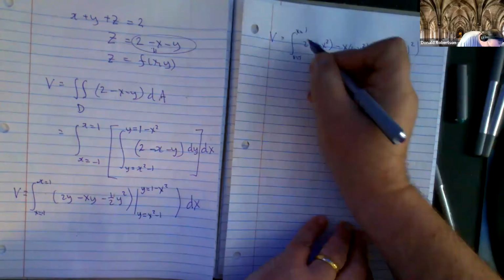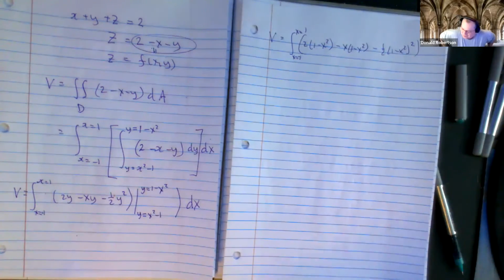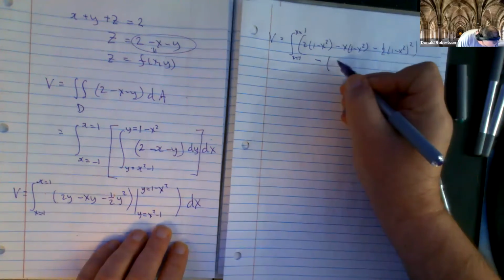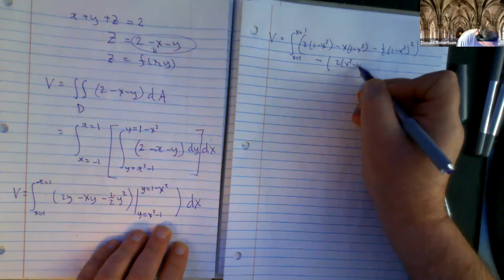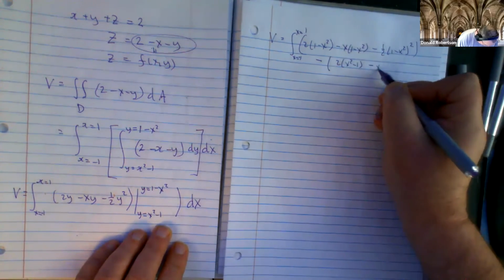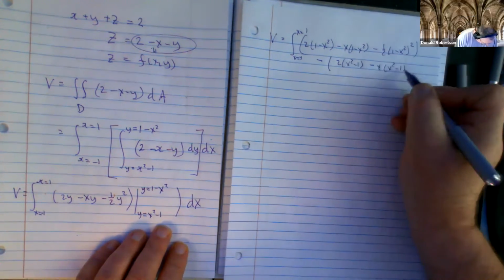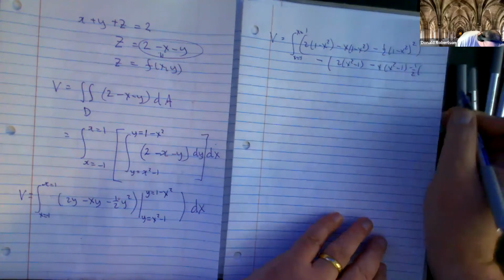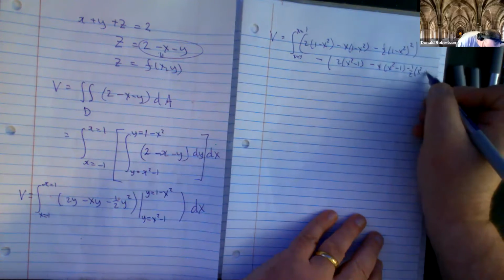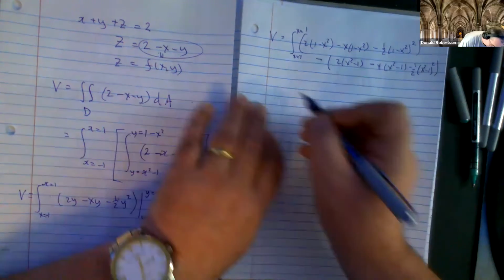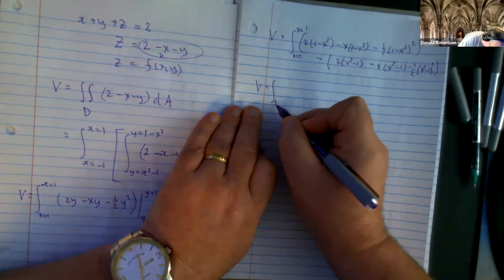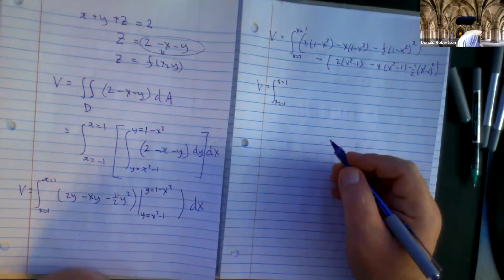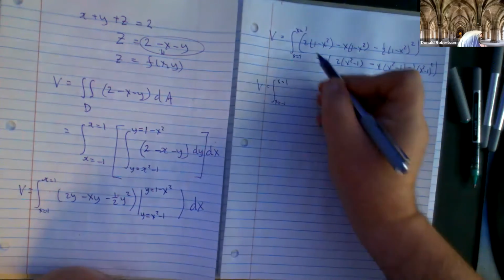I am already regretting doing this question. Take away, in brackets, 2 lots of x squared minus 1, take away x times x squared minus 1, minus 1/2 of x squared minus 1 squared. Okay, let's see it.